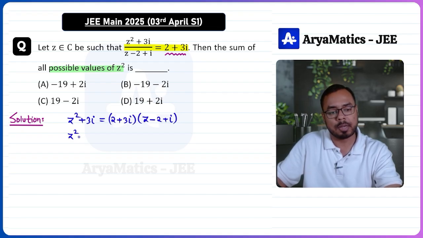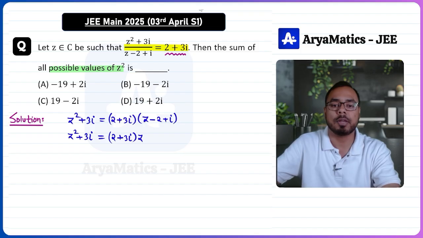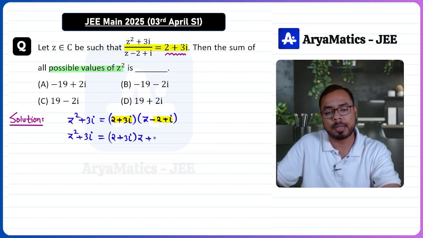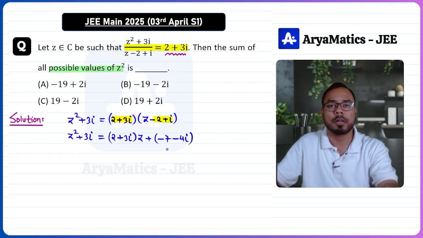So we can rewrite this as Z square plus 3 iota equals 2 plus 3 iota multiplied by Z, and we are going to multiply these two terms to see what we are getting here. If I multiply these two terms, we'll get minus 4 and then minus 3 iota, so that will be minus 7, and then we have 2 iota minus 6 iota, so that will be minus 4 iota, right?